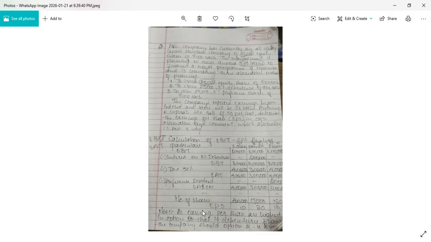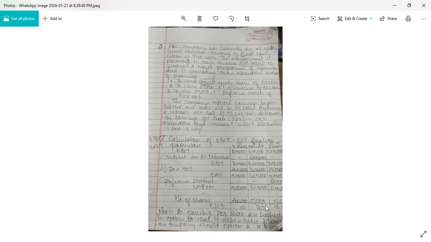Now we suggest the company can go for alternative 2, that is 8% debentures. Why? Because earning per share is 20 compared to option 1 and option 3. Alternative 1 and alternative 3 have less compared to option 2. So option 2 is the best.